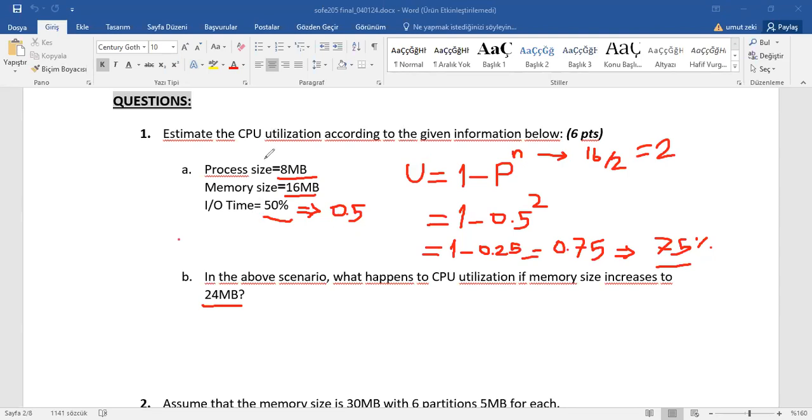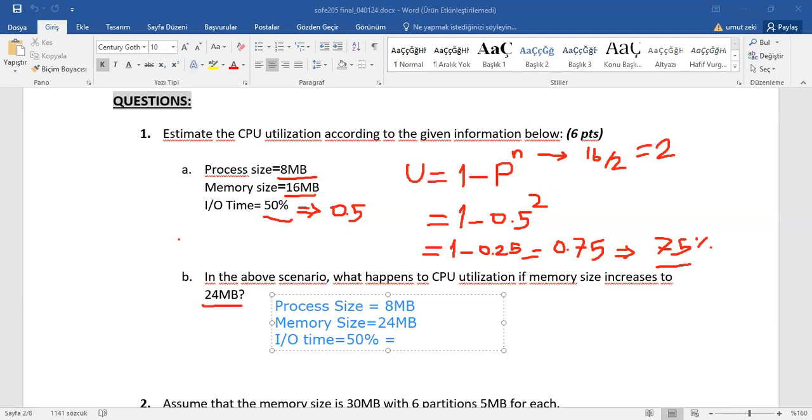Okay. So in the second one, the process size will be the same, 8 megabytes. But memory size increased to 24 megabytes. Input output time is the same, 50%.